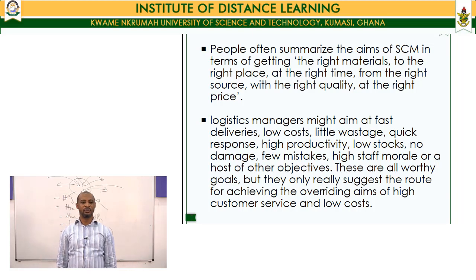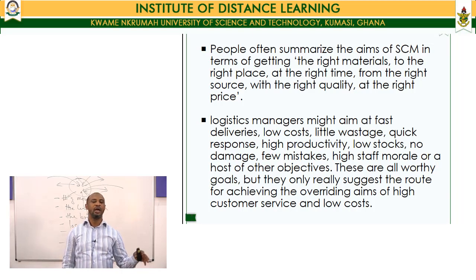So, logistics managers must make sure they aim at fast deliveries, low cost, little waste, quick response, high productivity, and all the things that you can find here. If the morale of the staff is low, then you can bet that these activities will not be achieved.